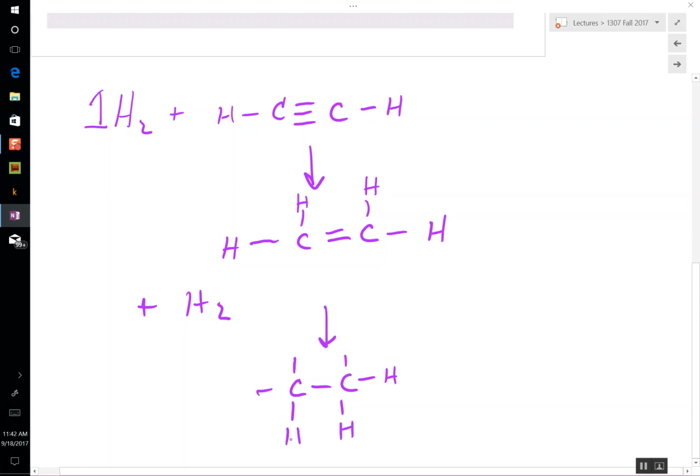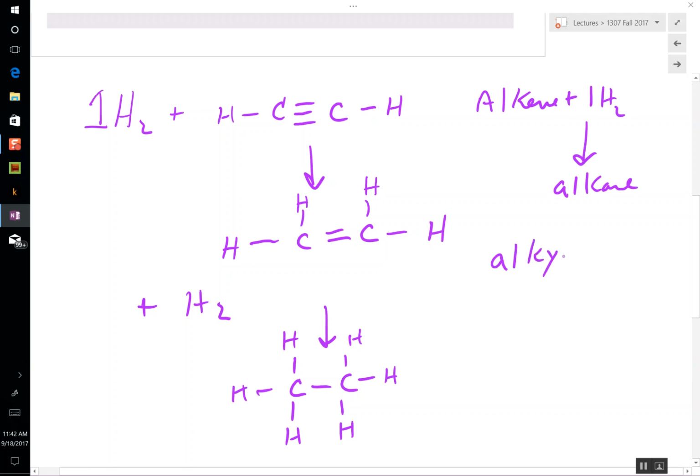So what this basically says is where an alkene plus 1 hydrogen gets you to an alkane, an alkyne plus 2 hydrogens gets you to an alkane.